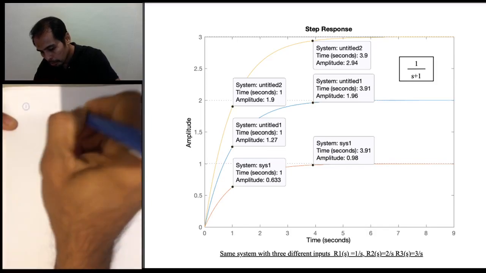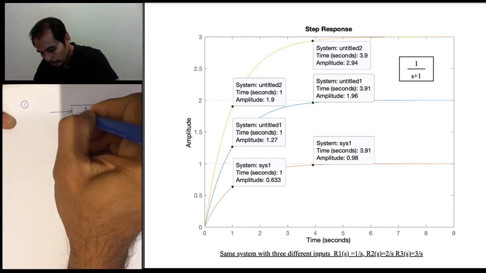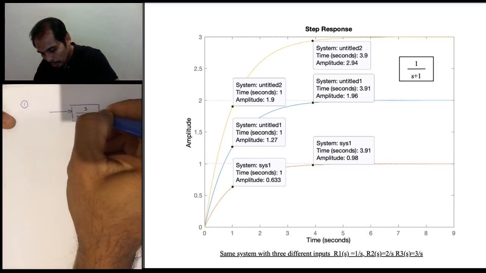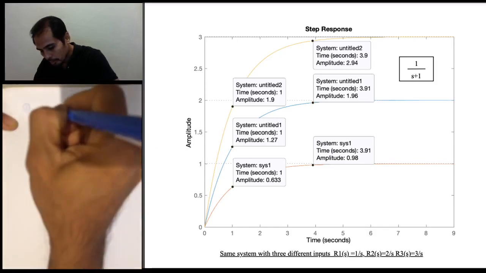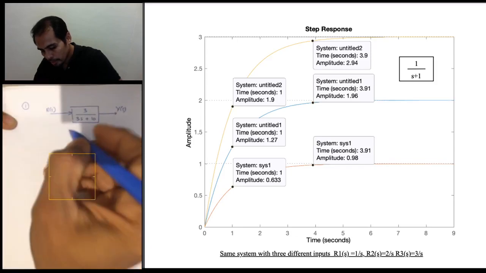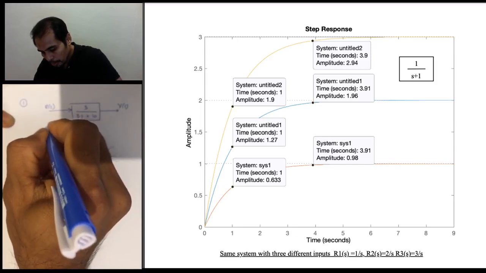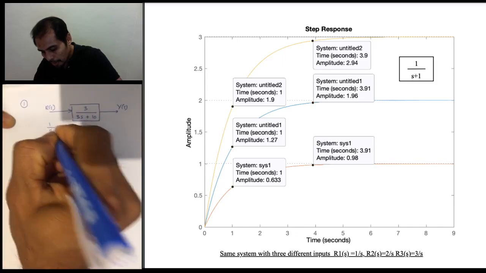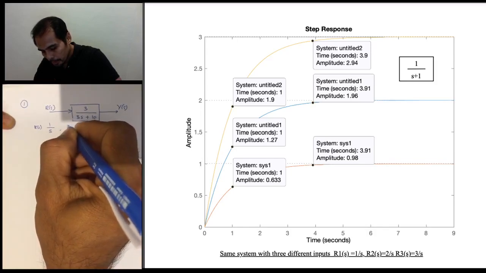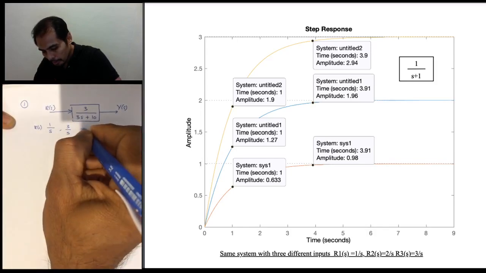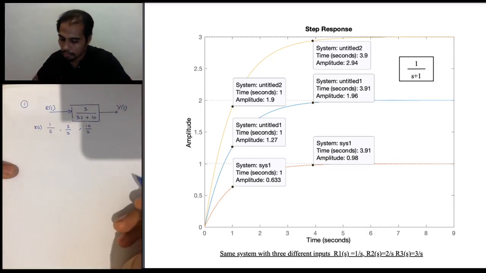Maybe just draw a block diagram, it's easier. 3s plus 10. This is our Y(s). This is R(s). You need to try, the input is 1 over s, 3 over s, and maybe 10 over s. Okay.